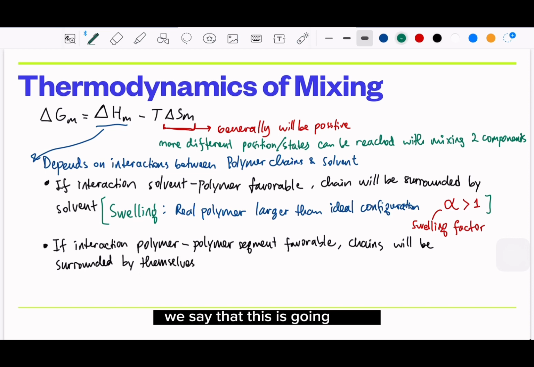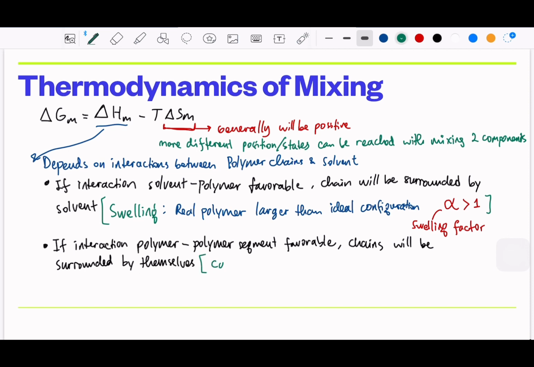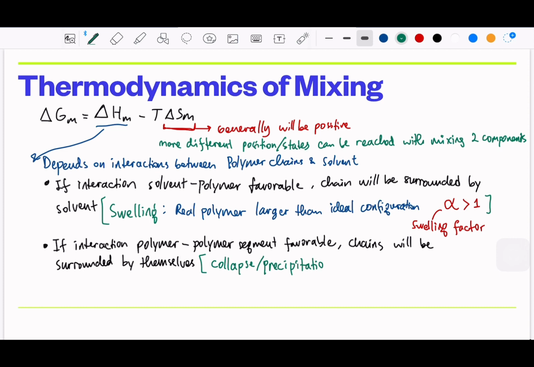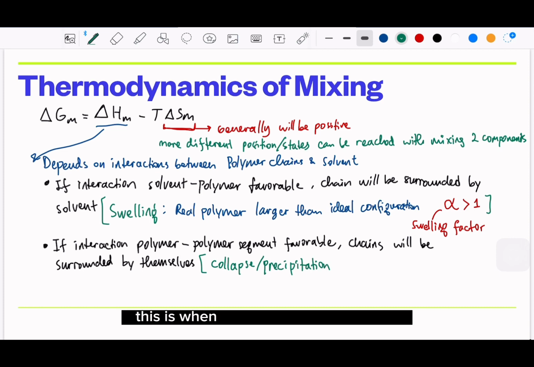We say that this is going to be collapse or precipitation. This is when the alpha is less than 1.